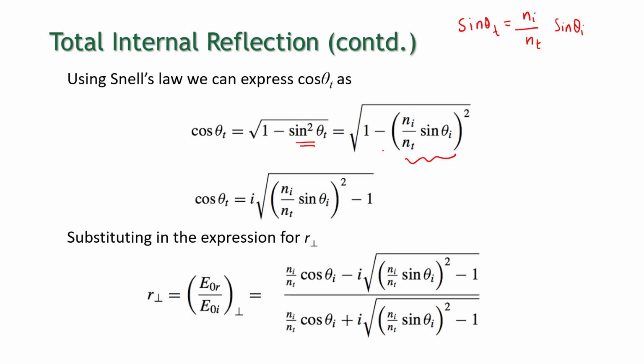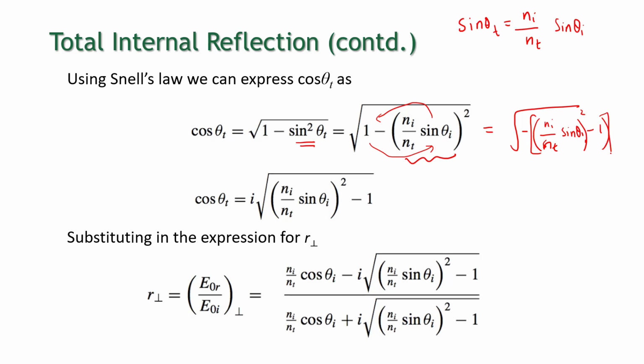So that's why I want to write this expression in complex form. For that, let's flip the sides. Move this in front and move this one to the back. When I do that, I will have, so minus common. So you take ni over nt sine theta i, minus 1, and that's squared.